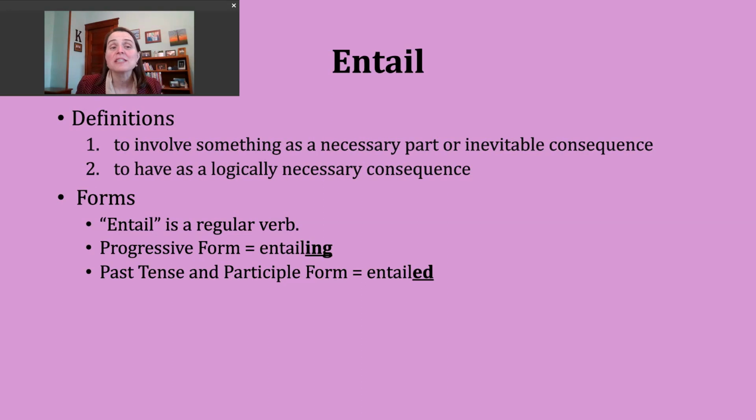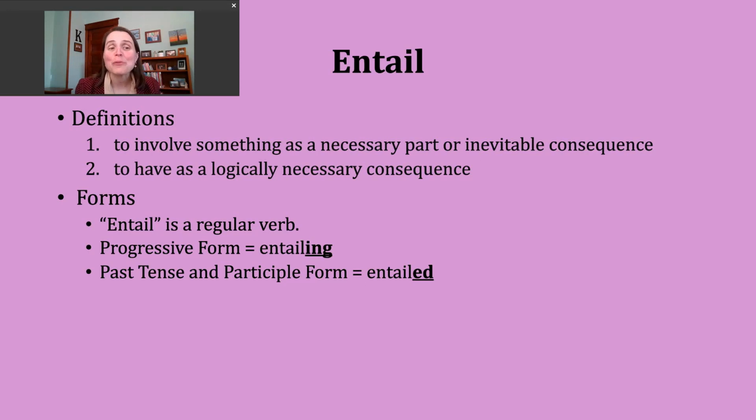Connected to this definition is the second one, to have a logically necessary consequence. So, many times, as people talk about doing one particular action, they're going to note that other actions are necessary parts or what is going to result from that overall thing.